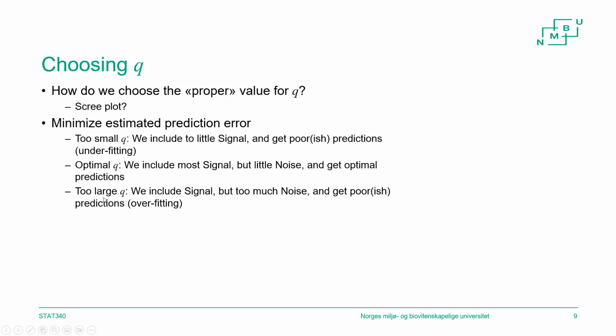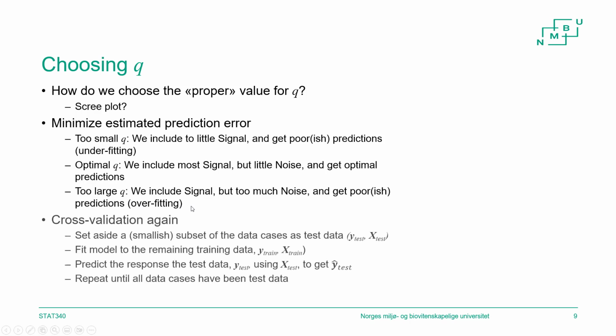And if you use too large a Q, we include the signal, but also a lot of noise, and then we get poorish predictions again, due to overfitting this time. So it's the same problem that we saw last week as well, but instead of including fewer or more predictors, we now include fewer or more components.